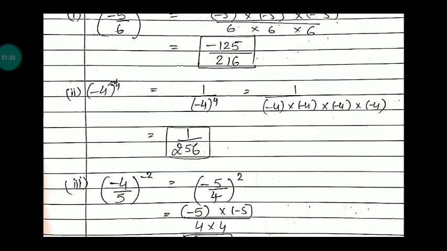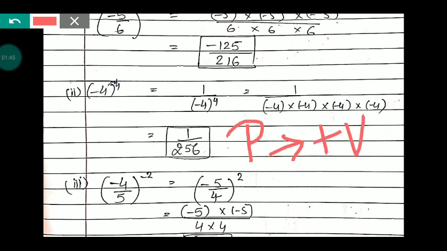In the second question, minus 4 raised to minus 4. Here the power is negative. The first thing we have to do in this chapter, and the basic step, is making the powers positive. Wherever negative powers are given, the first thing you will do is turn them into positive ones. Now the question arises, how to turn into positive?